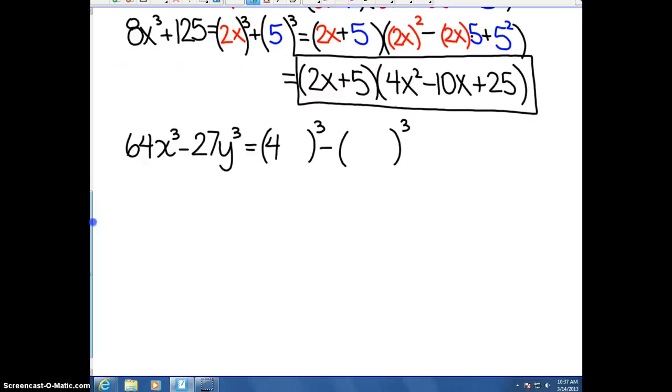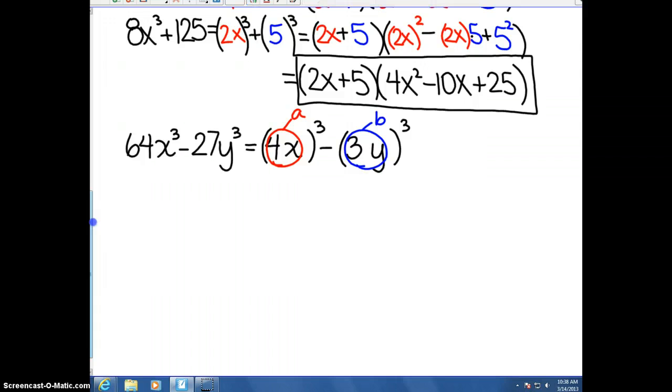64 is 4 cubed, and x cubed is x cubed. 27 is 3 cubed, and again y cubed is just y cubed. Every place there's an a in the formula, we're going to put a 4x. Every place there's a b in the formula, we're going to put a 3y.